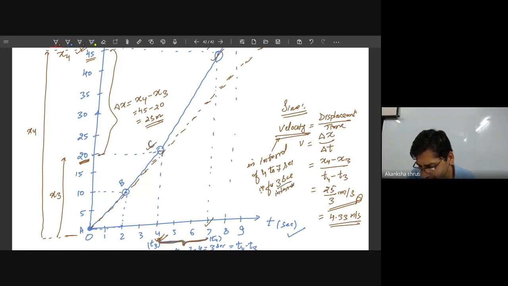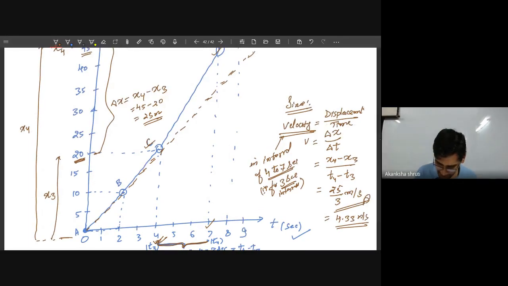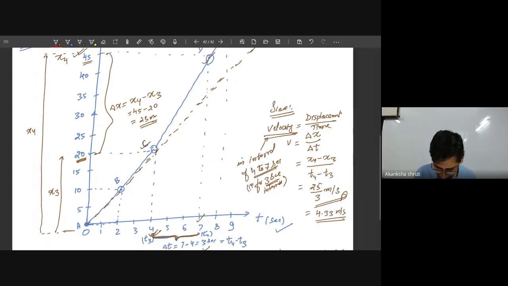Student, this is the gap, means 3 second interval we are taking. So this way, velocity at a particular point or in a particular interval can be calculated by knowing the position time or displacement time graph. Student, is it over? Are you getting my point? Am I clear, or any doubt, then please ask.